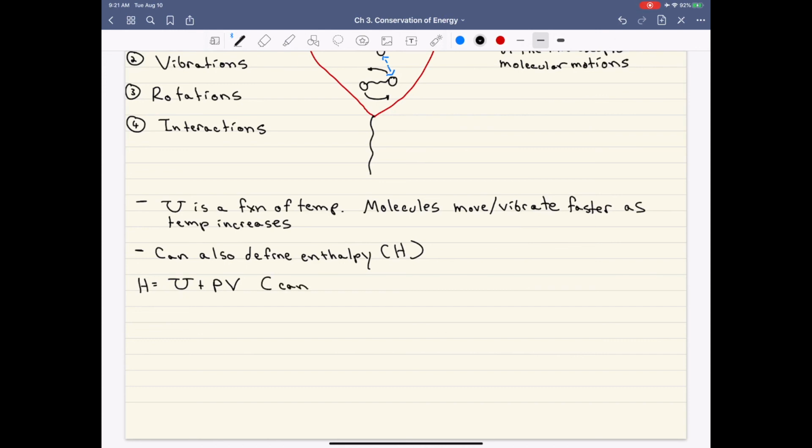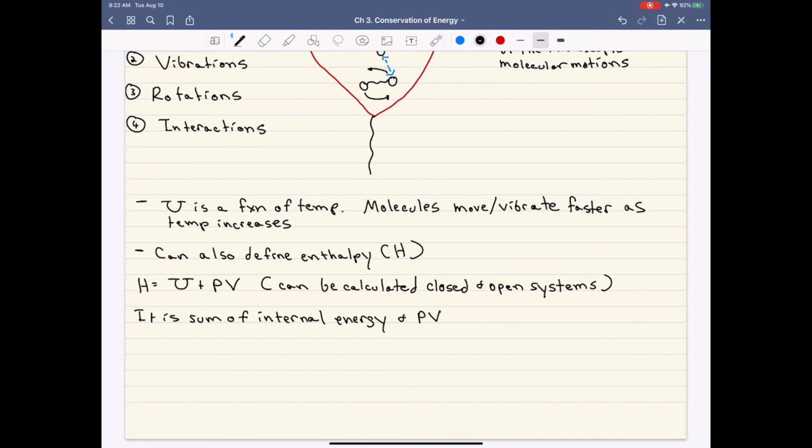Your enthalpy can be calculated for both closed and open systems, so it doesn't just apply to open systems, it applies to any sort of system. Once again, it's the sum of internal energy and any sort of work that involves changes in pressure or volume. So PV work. We'll talk more in detail about what exactly enthalpy physically means.